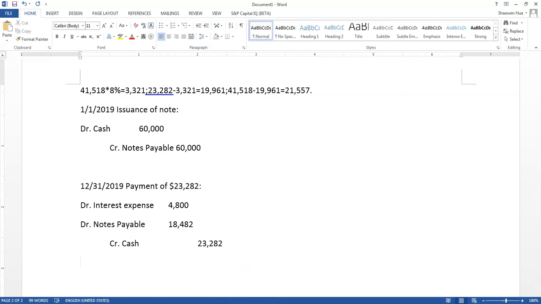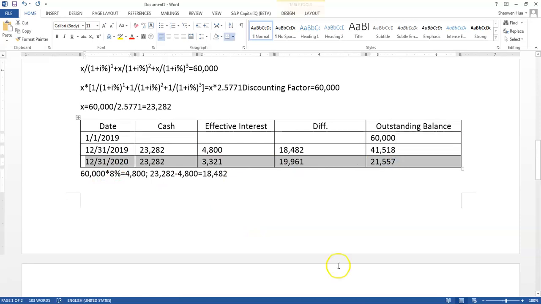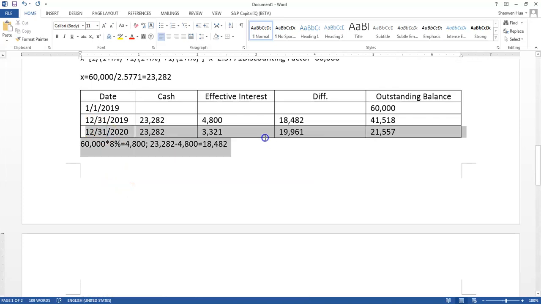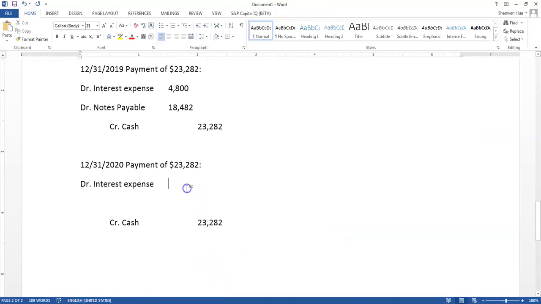Let's try one more time. At the end of the third year, we make another payment of the same amount. How do we journalize? Following our journal entry for 2020, again, I have a cash payment of $23,282. Of this payment, some goes to interest. And the interest according to our amortization table is $3,321.